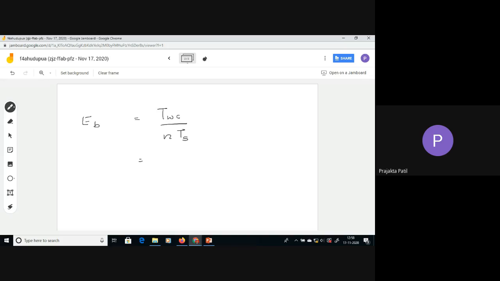So we know the TWC value will be 4 minutes. Number of stations we just found it is 5. And the TS value will be the maximum station time that you get after all the allocations. So in our case, it is 0.92. So you have to just calculate and get the answer for this. I suppose you'll get the answer as 0.87. So the line efficiency here will be 87 percent.